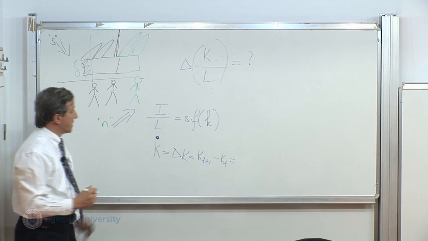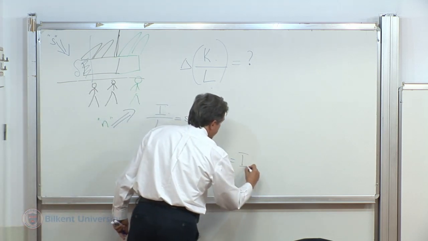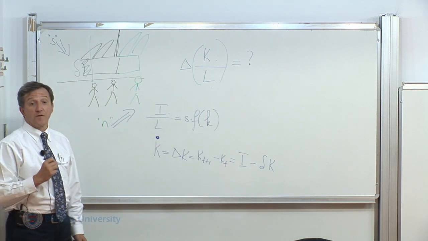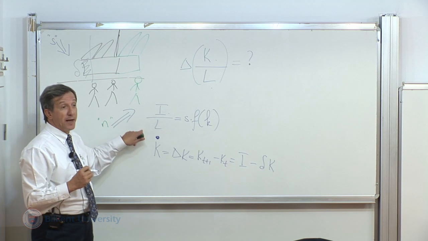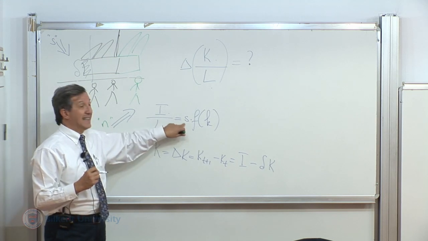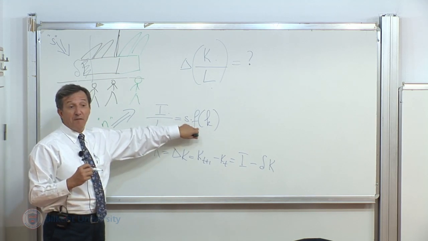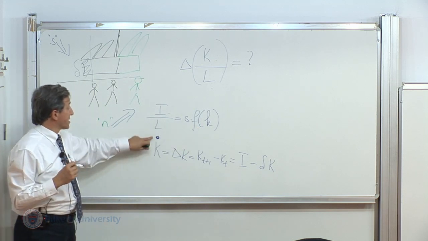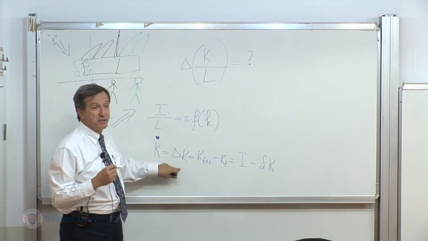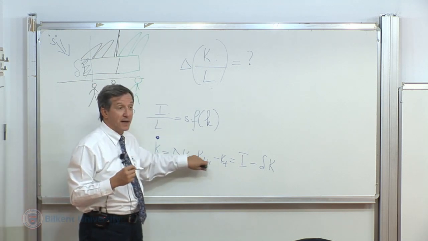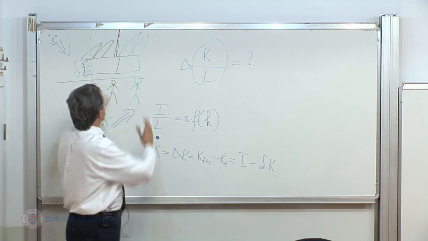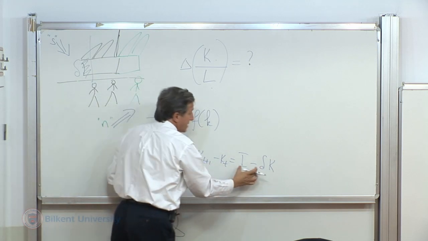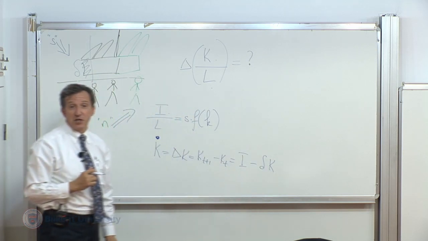Change in capital equals new investments minus delta K. These are my rules of the game. Investment per labor is little s of a function of capital per labor. And capital changes over time. That's the change in capital stock over time, K_{t+1} minus K_t. That's the rate of change. It is investments minus depreciation of capital.